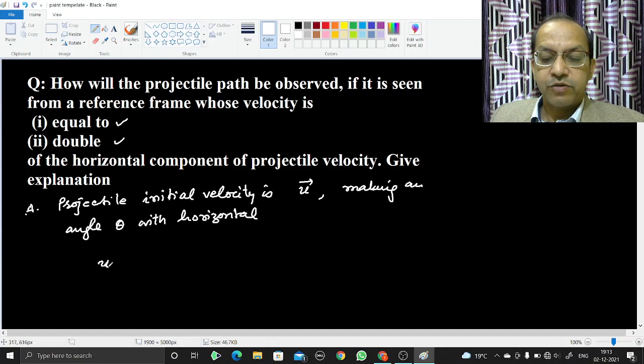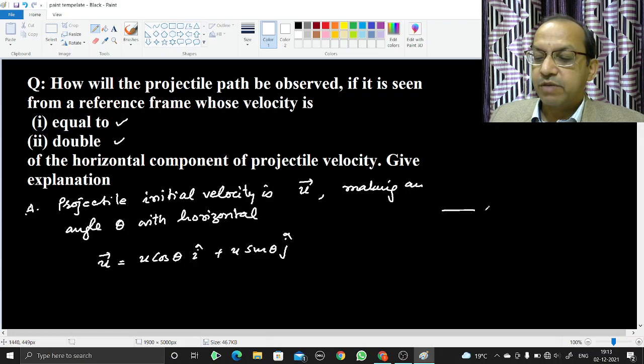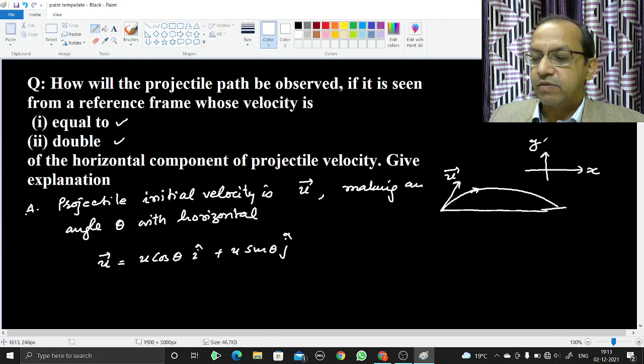That means the u vector can be written as u cos theta i cap plus u sin theta j cap. So if the projectile is thrown like this, this vector is u and the projectile path is like this. We have assumed that this is the x-axis and this is the y-axis.